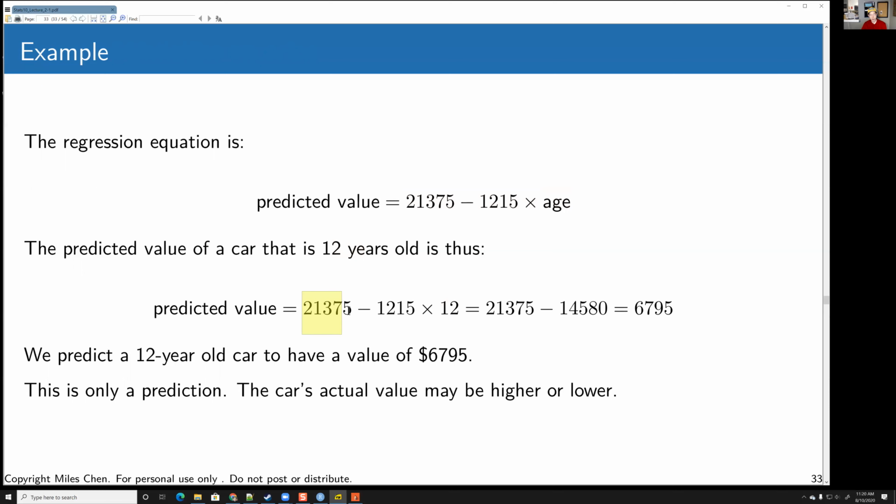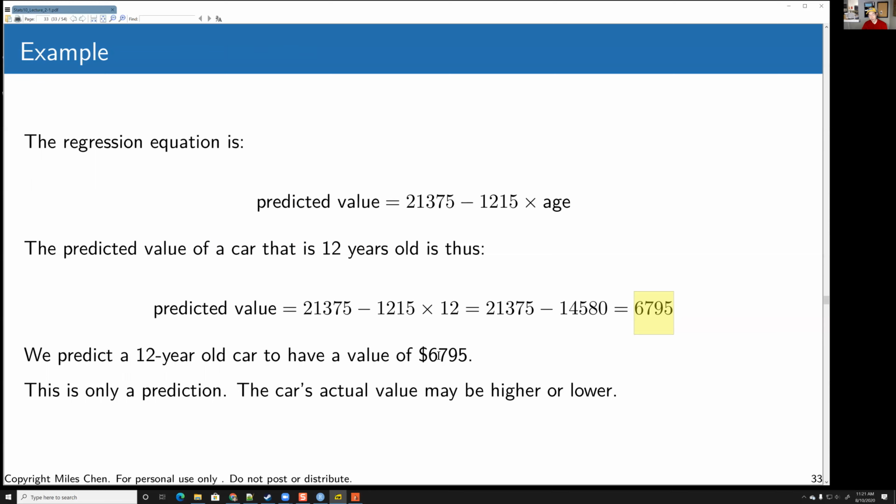And our predicted value would be 21,375 minus 1215 times 12. 1215 times 12 is 14,580, and we predict the value to be $6,795. So our prediction for the 12-year-old car is that its value is $6,795.